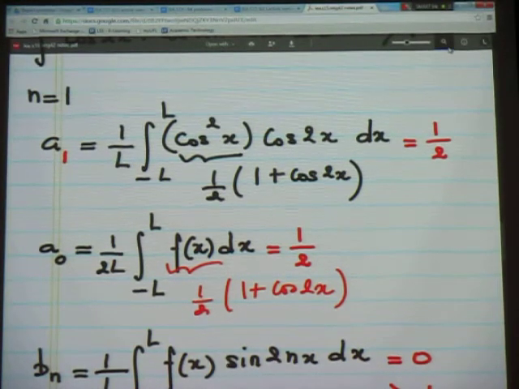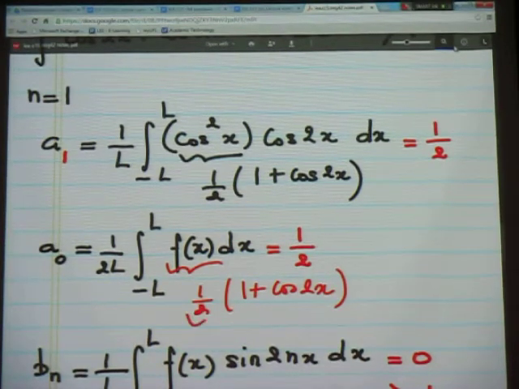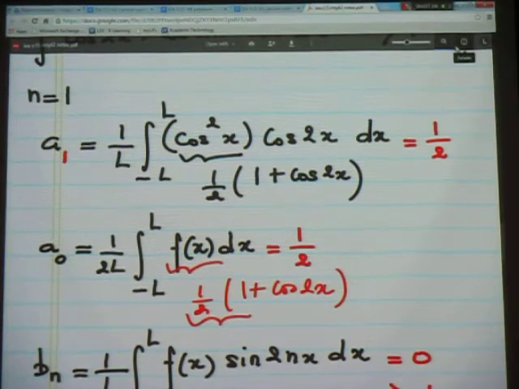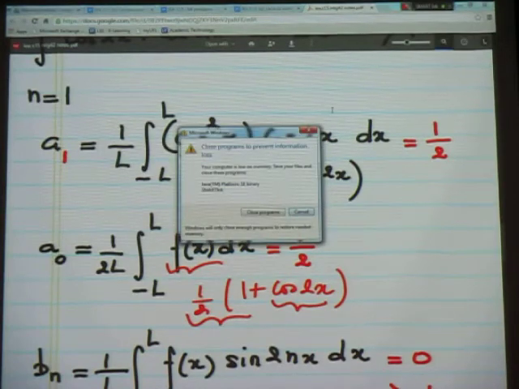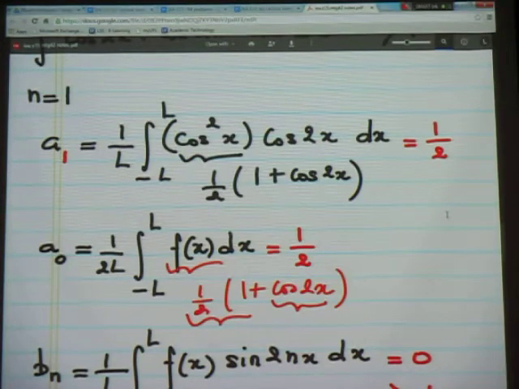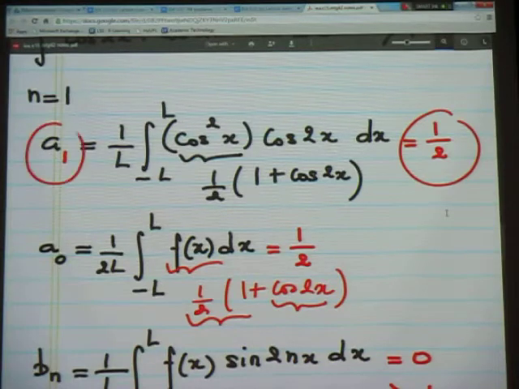Okay. And so that's essentially just the first term. Okay. And for the Fourier series, the factor for cosine of 2x is also 1/2, and that's right here. Okay, that's the coefficient A1. So you have A0 and A1, and all the other coefficients will be 0.